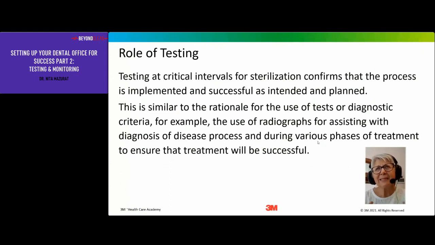As a clinical dentist, although perhaps some of my endos looked like I hadn't done any radiographs or used an apex locator to determine the working length, well, with this, we need to use tests or diagnostic criteria just as we did when doing any other clinical procedures.